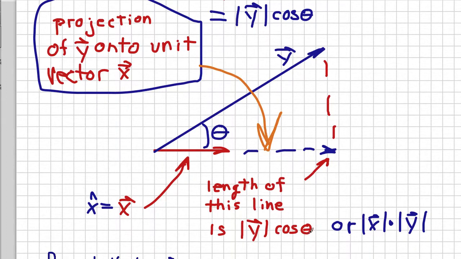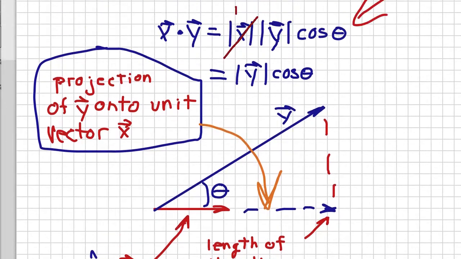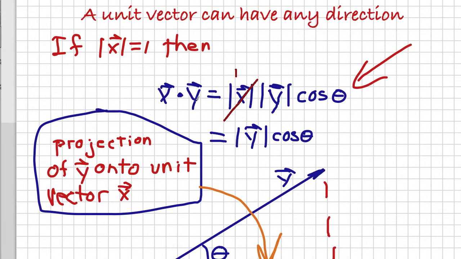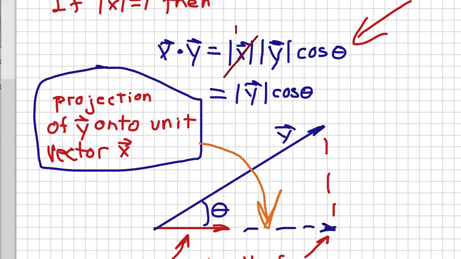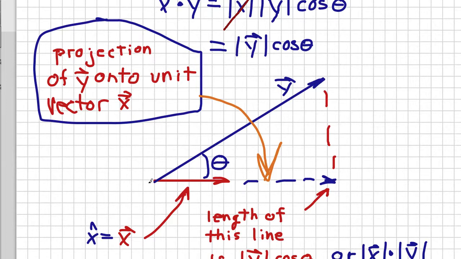So you can think of it something like this. I do the dot product between x vector and y vector, but x vector has length 1. And I do the dot product, and so here's my x vector. I've drawn it in red to emphasize here that it's a unit vector. So here's my x vector of length 1. Here's my y vector. The dot product between x and y is equal to magnitude of y cosine theta.